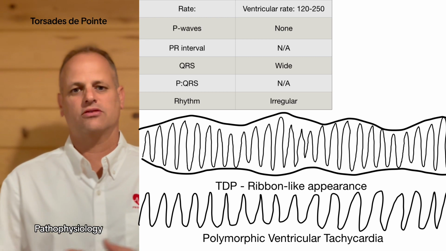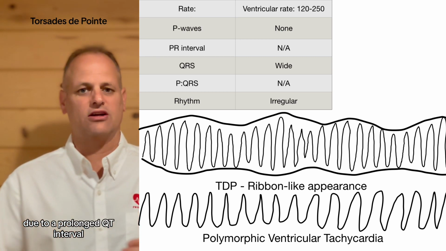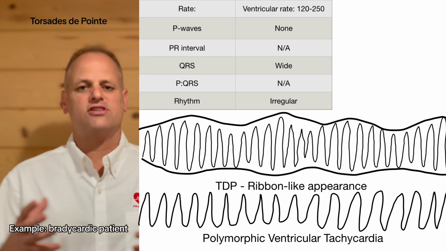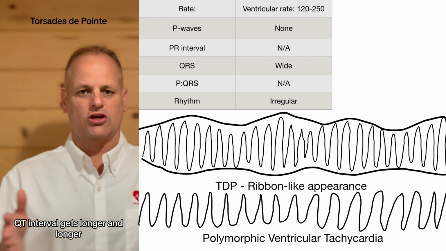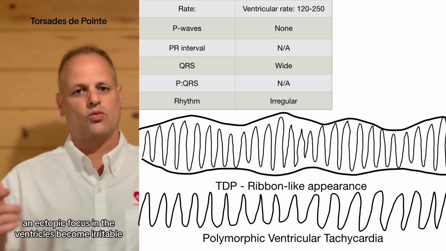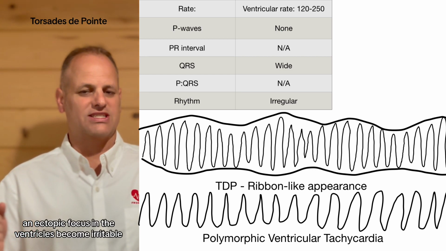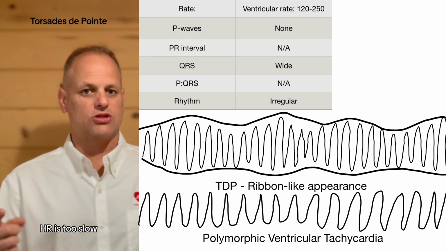Now, in terms of pathophysiology, this is going to be due to a prolonged QT interval. So when you have someone who's bradycardic, the heart rate, as it gets slower and slower, the QT interval gets longer and longer. Now, eventually it gets so long that one of the ectopic foci in the ventricles becomes irritable, right, because it's too slow.